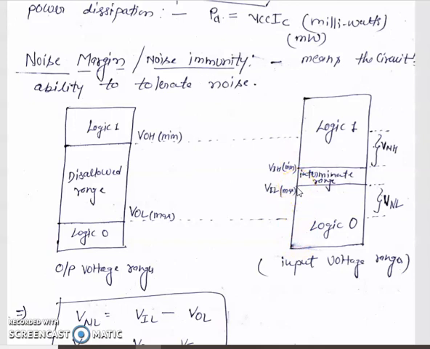So noise at the low level and the high level is this difference. VIL max minus VOL max is denoted by VNL, that is the noise voltage at the low level.